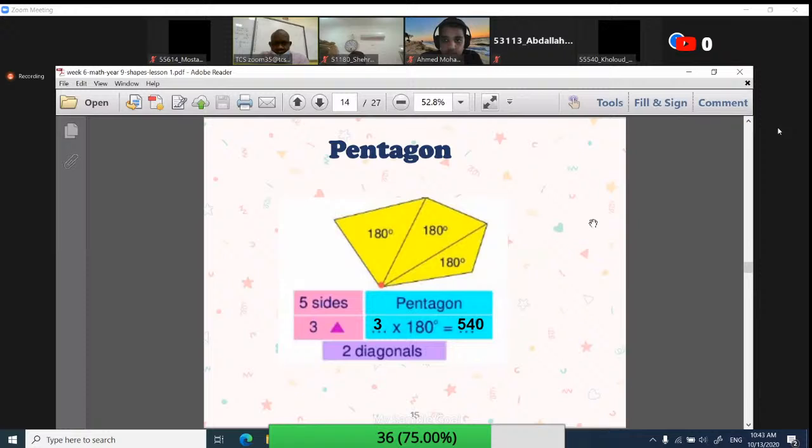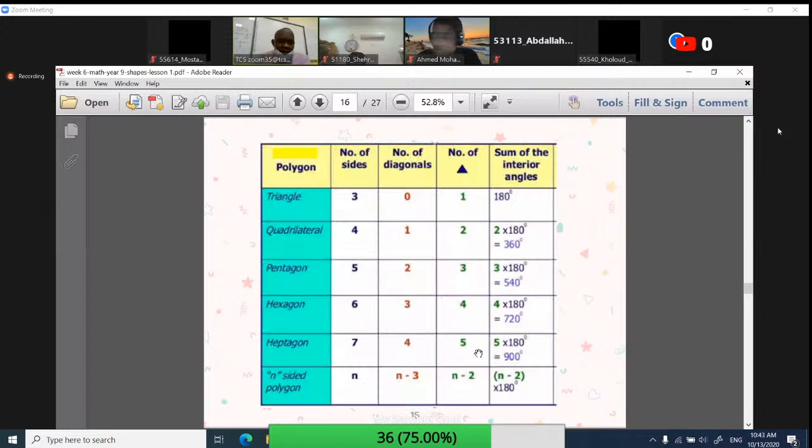Hexagon, 3 diagonals, 4 triangles. So we get 720. And so, if we have n sides, we get n minus 2 times 180 as the sum.